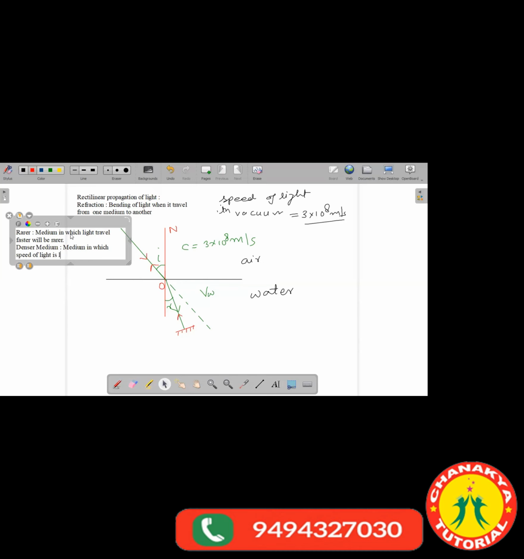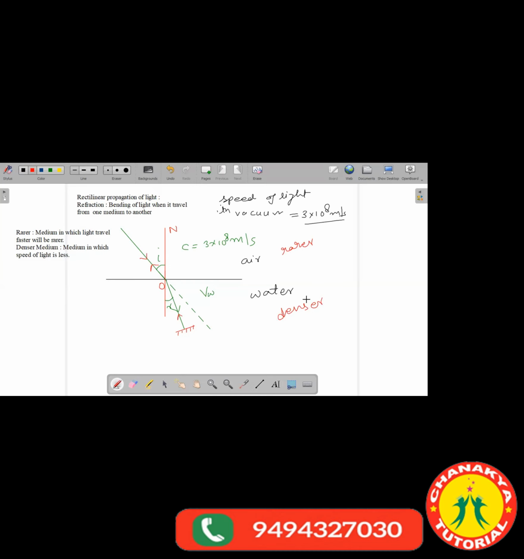So the medium in which the speed of light is less, we call the denser medium. So here we observe, we'll call air the rarer medium and this water the denser medium. So we have these two, a rarer medium and a denser medium.